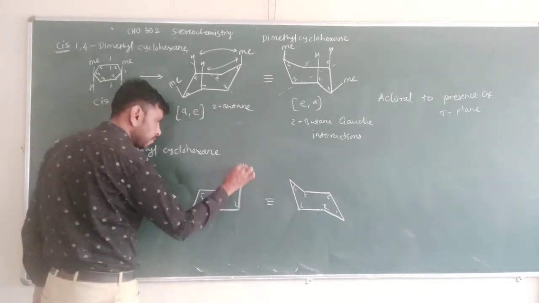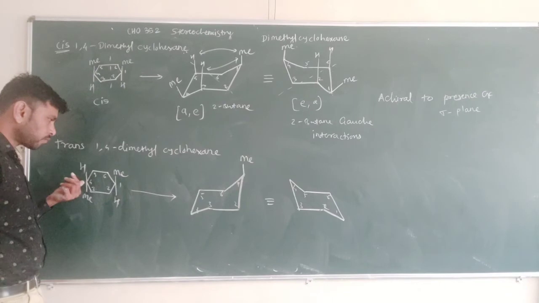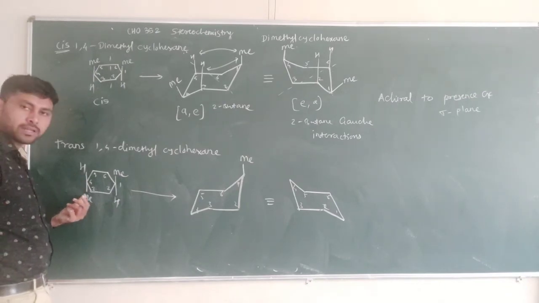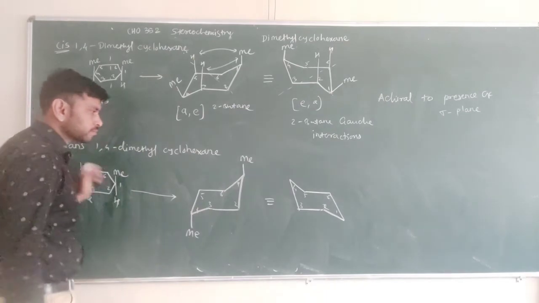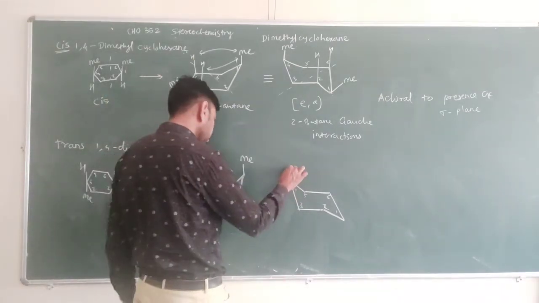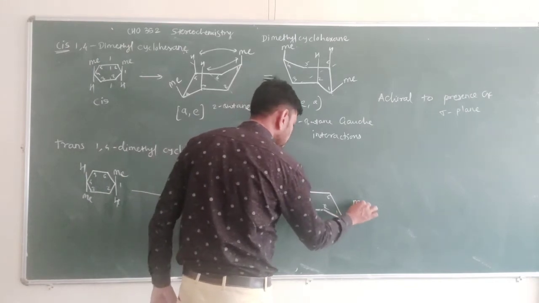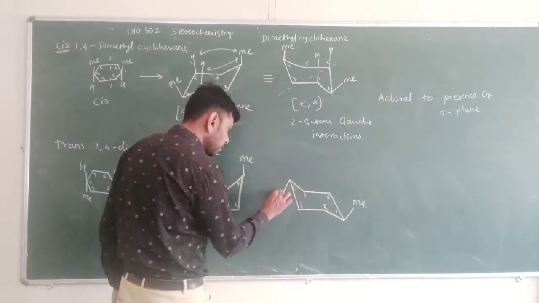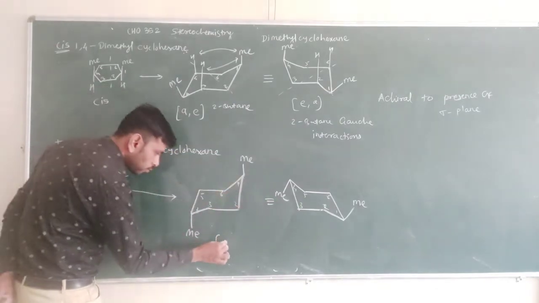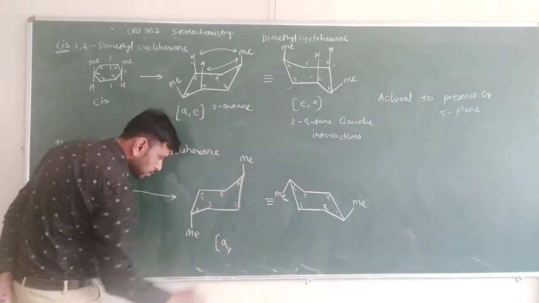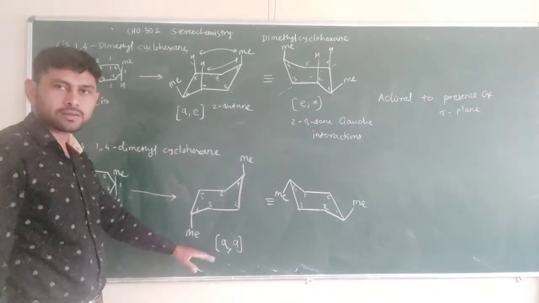In the case of carbon number 4, the methyl group is on the downside. So position number 1 contains the methyl group on the upside and position 4 on the downside. So here methyl 1 is in the axial position, methyl 4 is in the axial position. So the diaxial form is obtained.